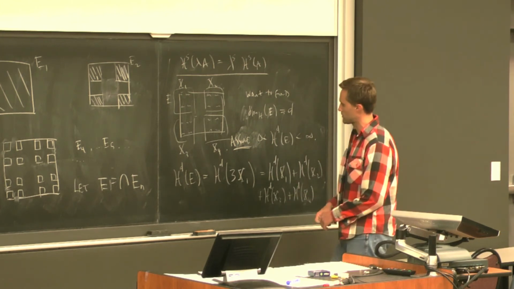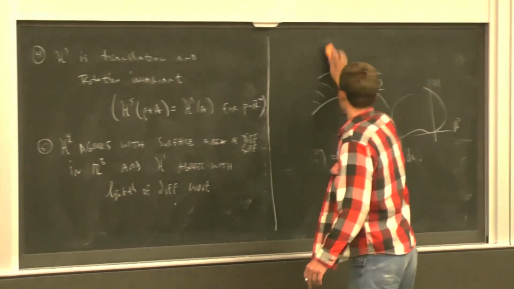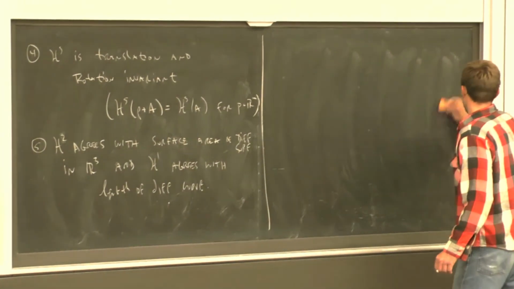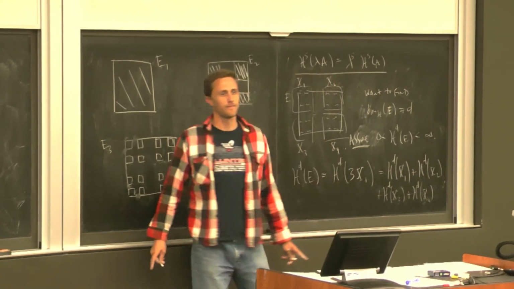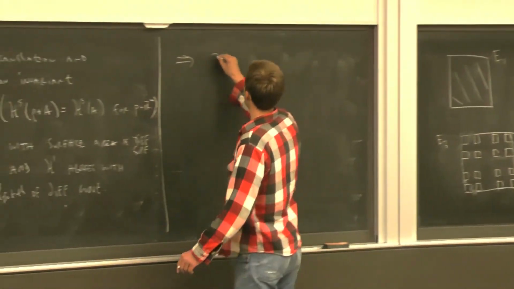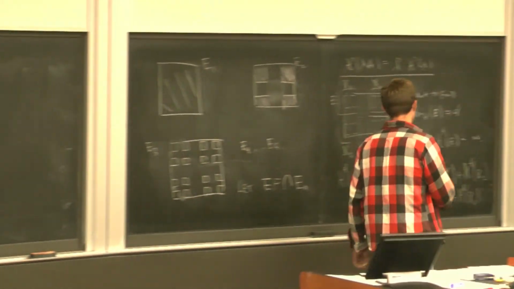Now we're going to use our 2 facts that I wrote up here. The first thing we're going to notice is that if I pull this 3 out, what am I going to have to do to the 3? Raise it to the D, right? Exactly, this is D here.